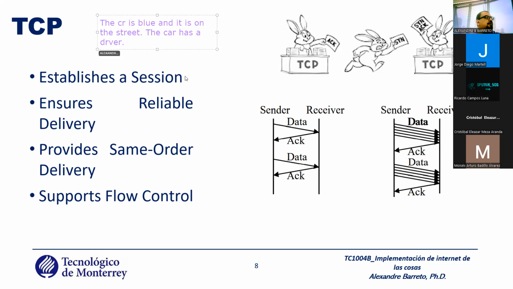If your brain has capacity to rebuild the information, instead you have a lot of parts of information that you don't have. Sometimes it's a good idea not to provide this reliability, okay? For example, in voice and video.